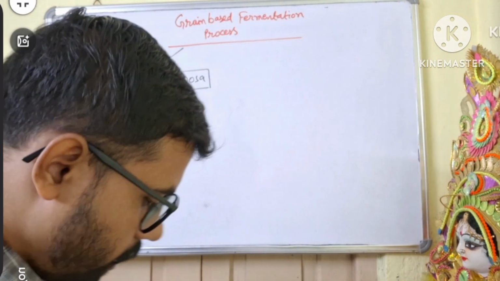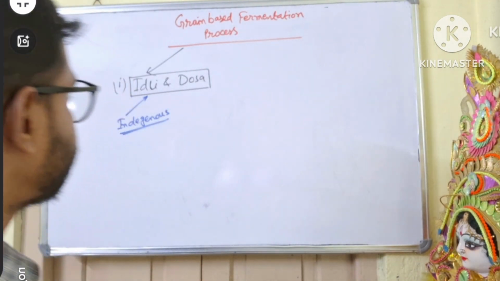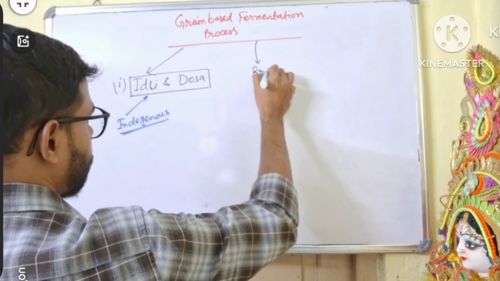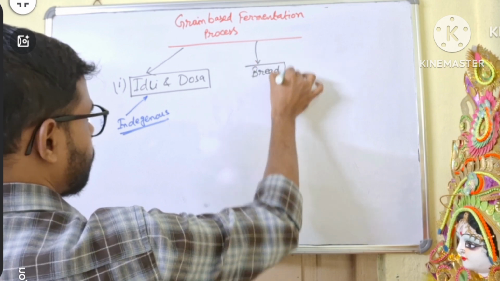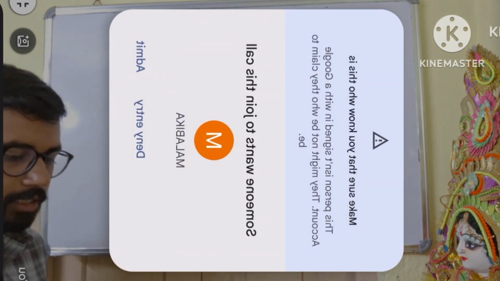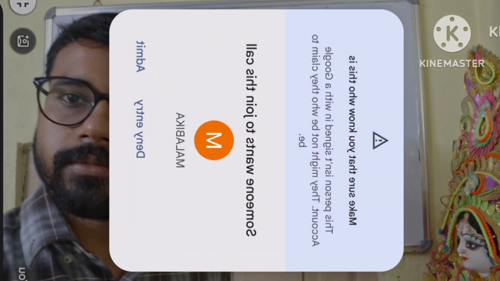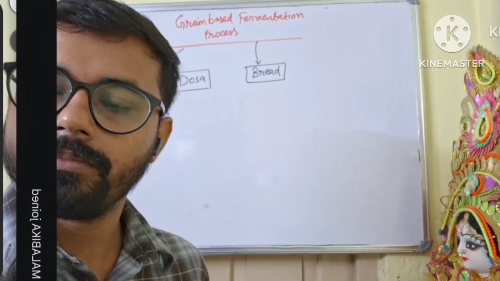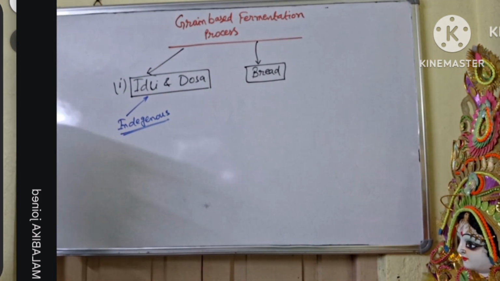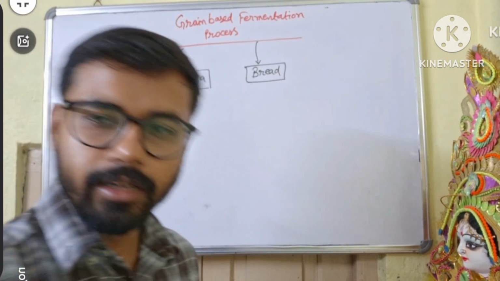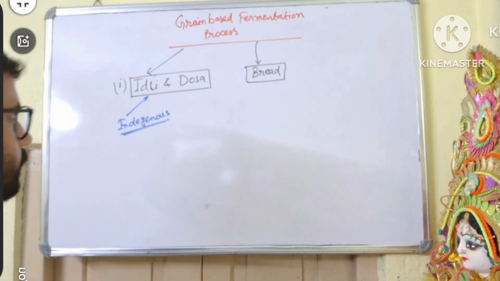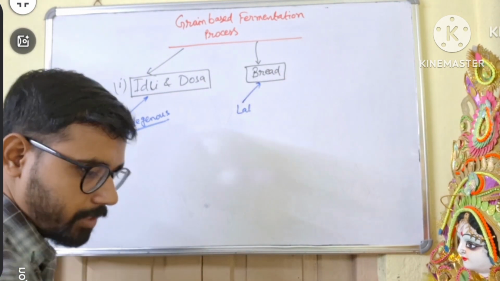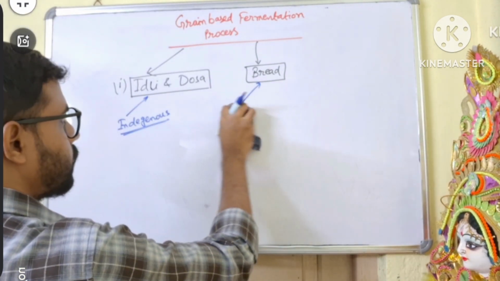fermented product. Clear? But today's section covers another grain-based product, it is bread. Formation of bread, or manufacturing of bread, needs a starter culture, that is yeast, a lab-grown, special starter culture yeast, not wild type.